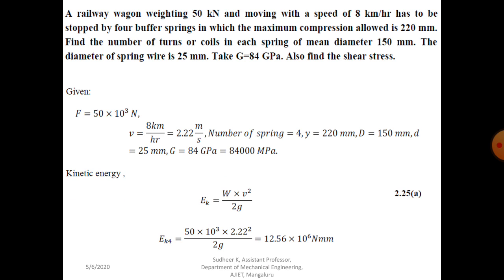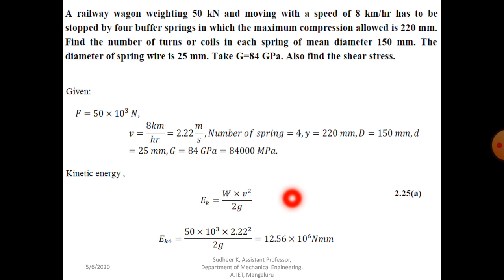First we need to find the kinetic energy from equation number 2.25a in your data handbook. With the help of this equation, because they have given the weight as well as the speed. It is moving, which means it possesses kinetic energy. So we have to find the kinetic energy of the railway wagon first, considering 4 springs, because it is stopped by 4 springs.